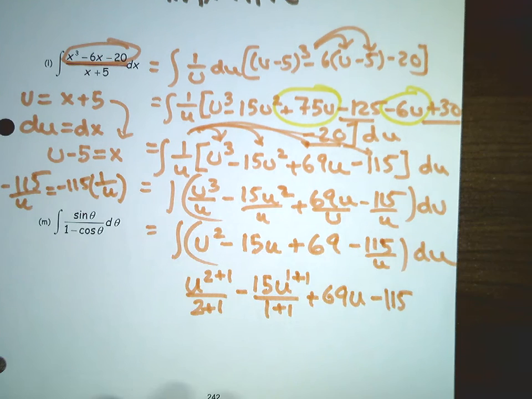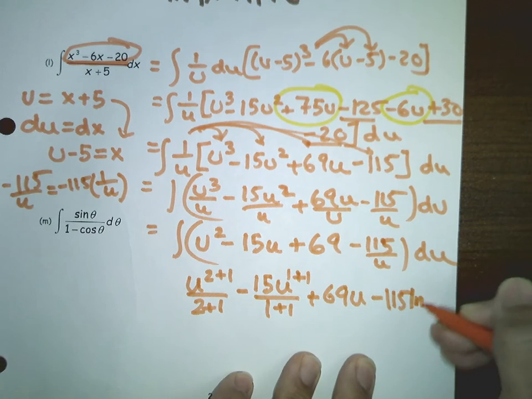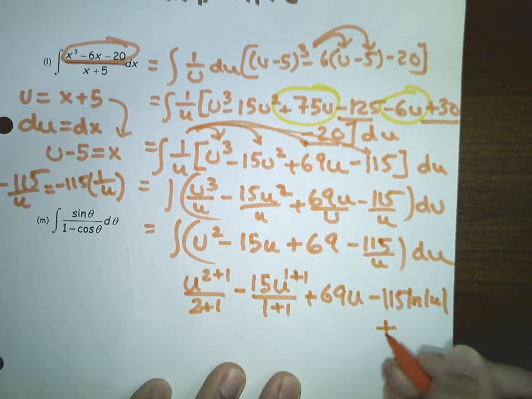So this is actually minus 115 times the natural log of the absolute value of u, then plus C.